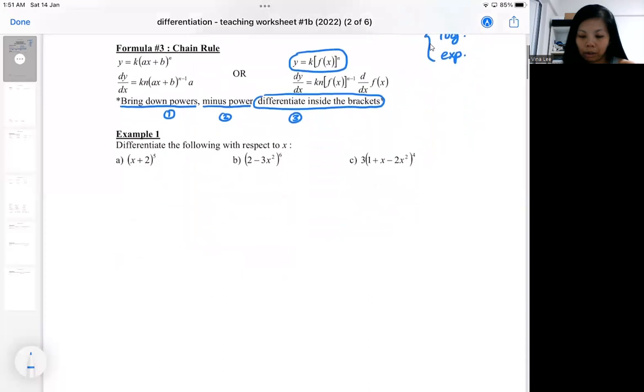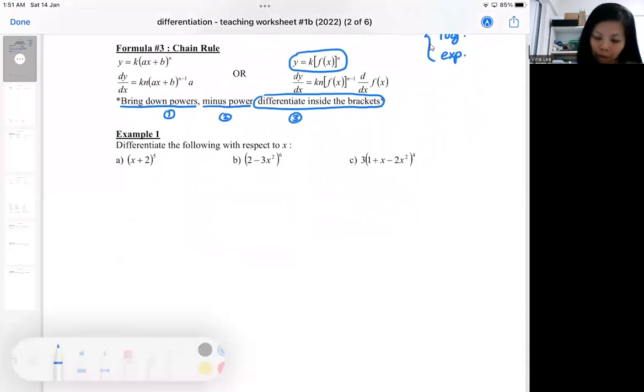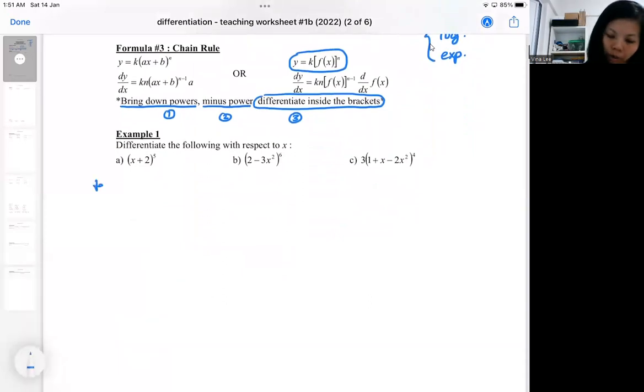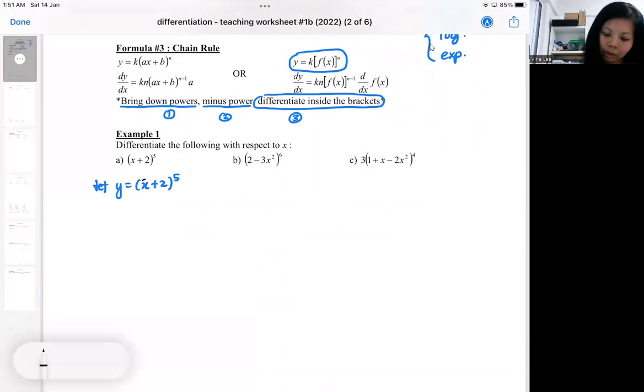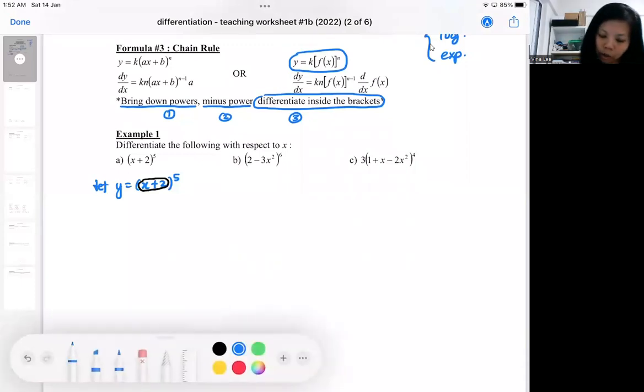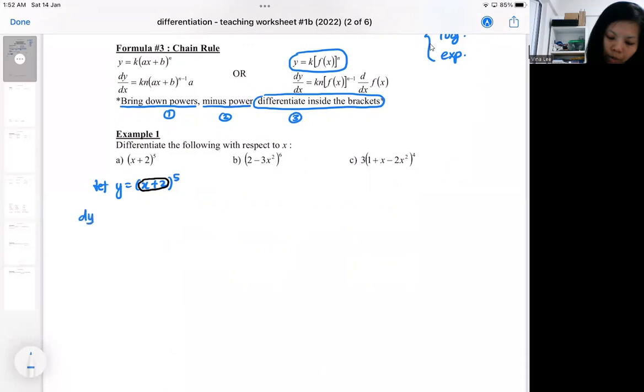So let me show you an example. Typically the same thing applies, so we'll give a naming notation. The function inside is x plus 2. This is the function that is inside. Later on, when we do the third step, I'm differentiating the x plus 2. Presentation-wise, this is how we'll do it. I'm going to apply my chain rule, so we have 3 things.